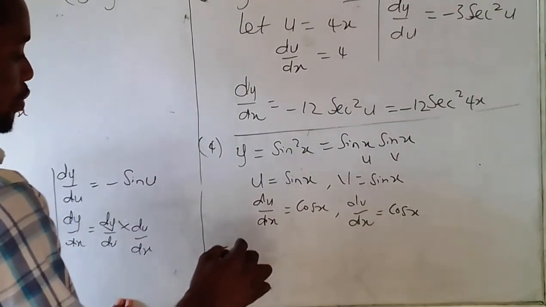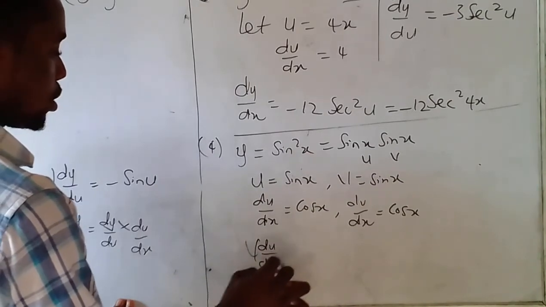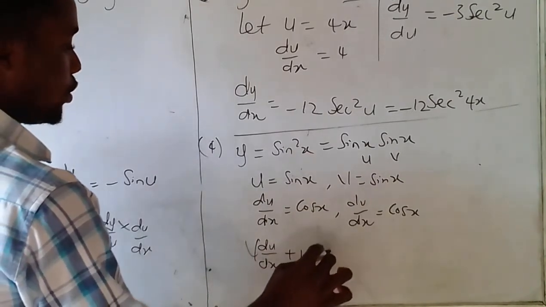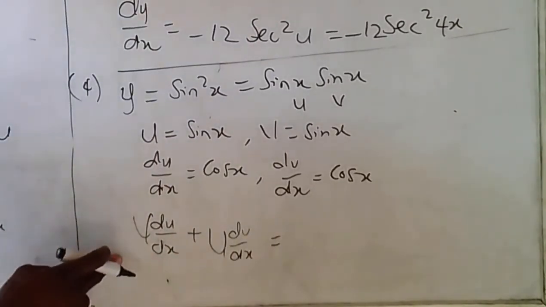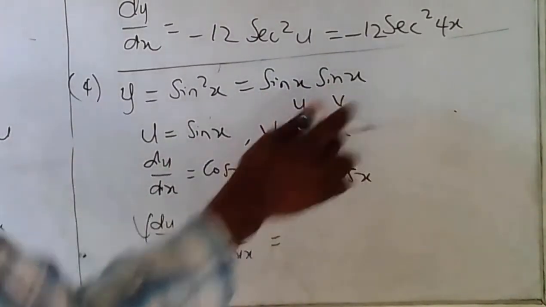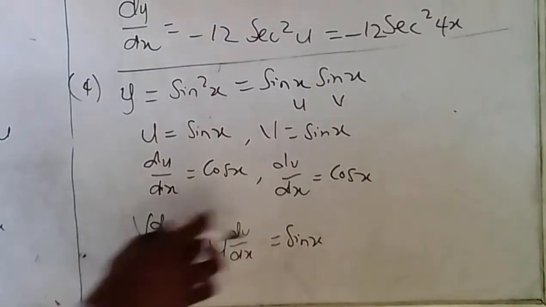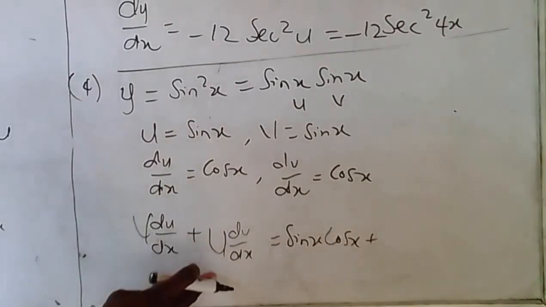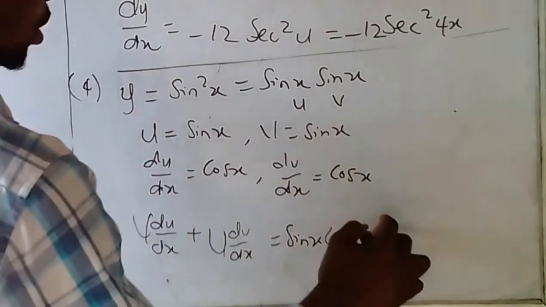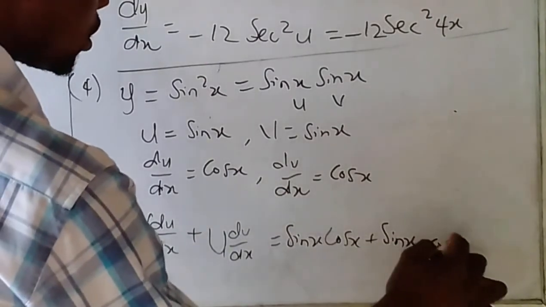Product rule formula is dy/dx is equal to v du/dx plus u dv/dx. Which implies that my v in this case is sin x, my du/dx is cos x, plus my u here in this case is sin x, and dv/dx is cos x.